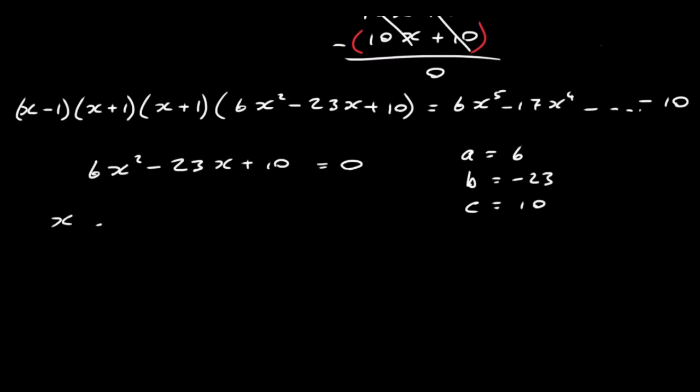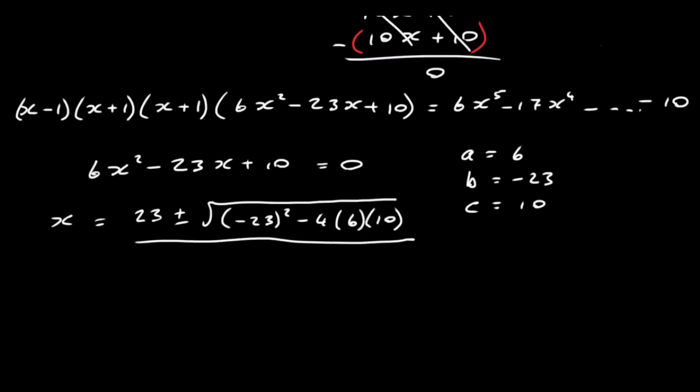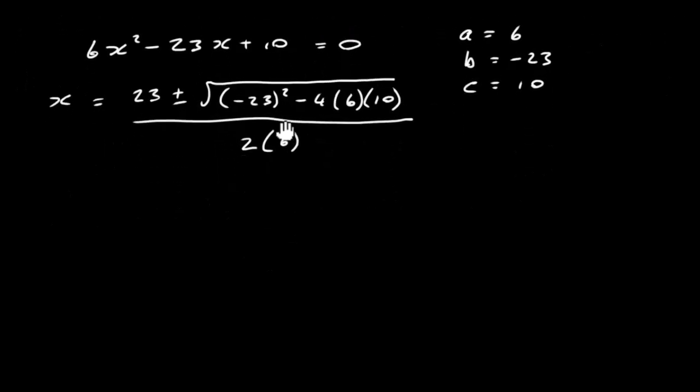So my x then is going to be equal to minus b, which is minus 23, which is plus 23, plus or minus the square root of b squared, which is minus 23 squared, minus 4 times a, which is 6, times c, which is 10, and that's all over twice 6. So let's work out our two x values. So it's going to be 23 plus or minus the square root of something over 12.